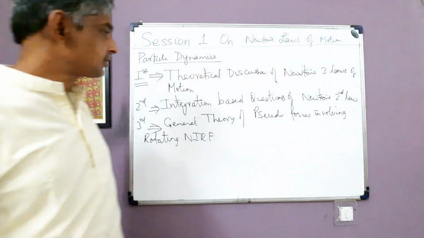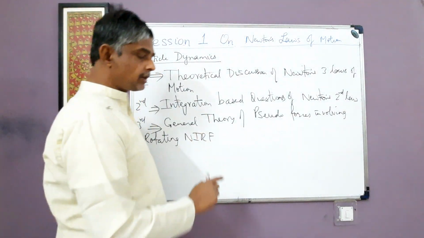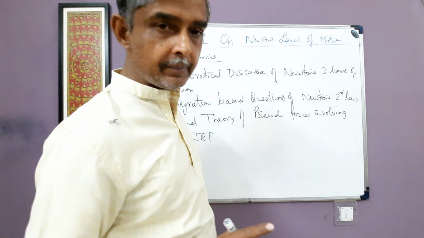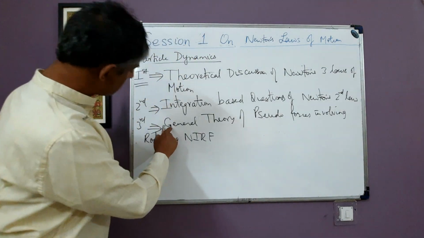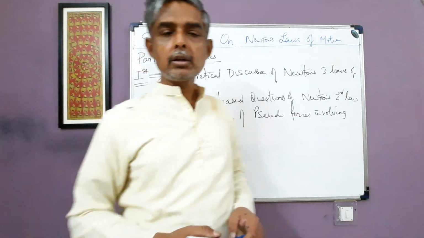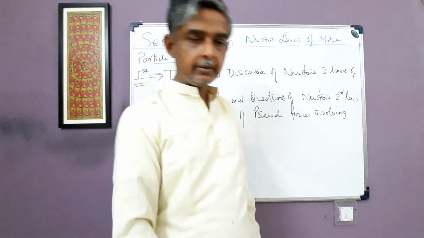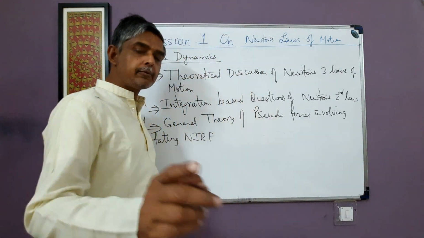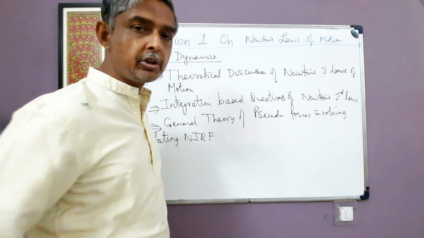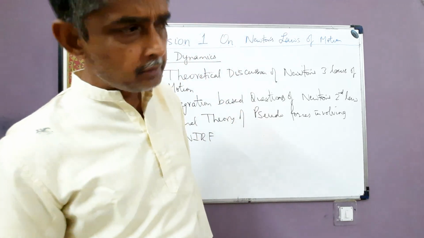Then we'll pass over to the special case of pseudo forces for translating non-inertial frame. In this third point, we'll see that if we view a moving object from a rotating non-inertial reference frame, then in general, apart from real forces, 4 pseudo forces act on the moving body, not 1, 4. Many students have wrong information that only one pseudo force acts.